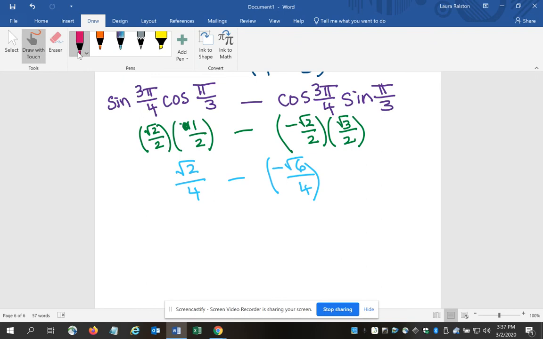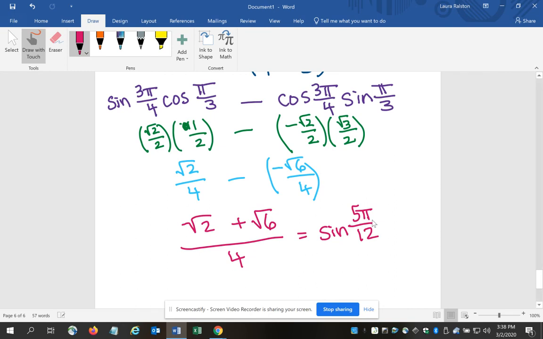I'd have square root of 2 plus, minus a minus makes a plus, square root 6 all over 4, and that's going to give me the exact value of the sine of 5 pi 12ths.